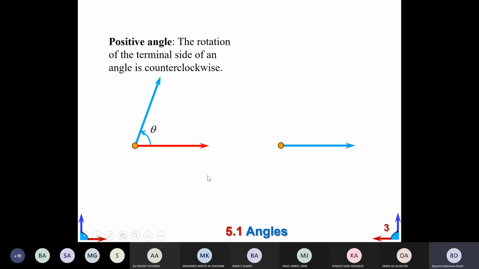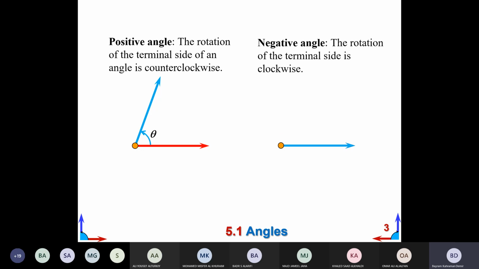But if you rotate it just like a clock, that means clockwise, you're going to get the negative angle, as you see in the picture. It's just a matter of the direction of rotation. Opposite the clock is positive angle. Just like the clock will give you the negative angle.